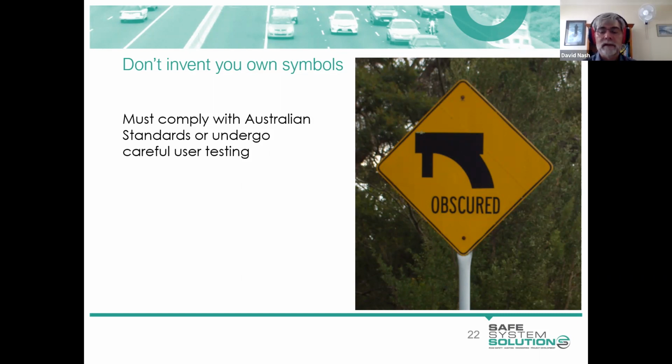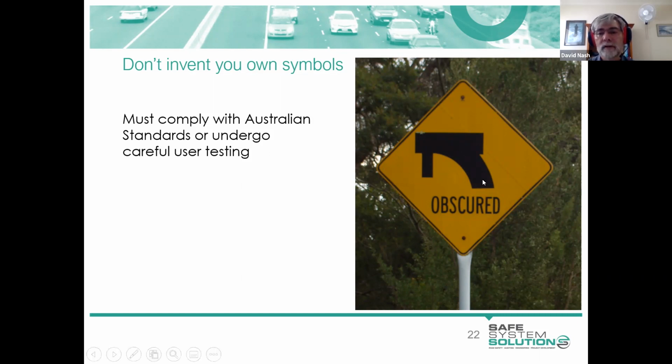The other thing I love about this sign is the word obscured on it, because it's definitely an obscure sign. And the idea is that it's trying to tell you that when you turn left through this left turn slip lane, there's actually a driveway there, which is difficult to see.